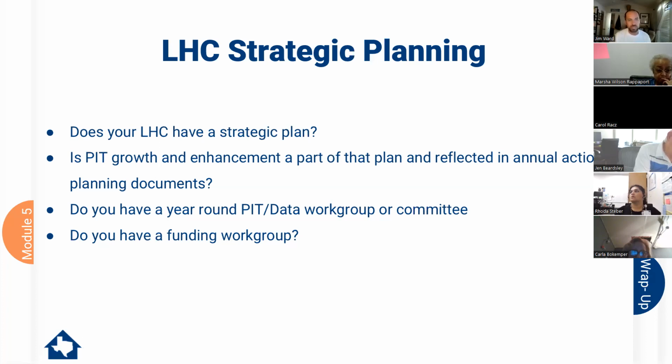A lot of times we'll see communities really focused on HMIS participation. So that could be something that you consolidate within the point in time count. In smaller communities, it might not make sense necessarily to have a year-round standing point in time count work group or committee. But we would really encourage LHCs to think about how you're able to move the needle on some of those things, because it is going to impact the long-term prospects of funding in the community.